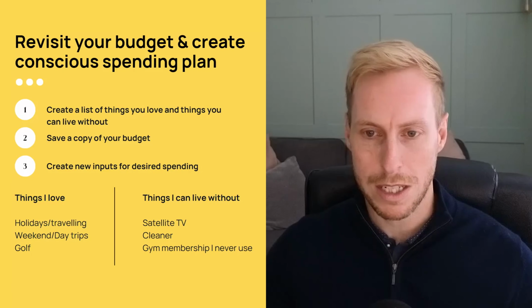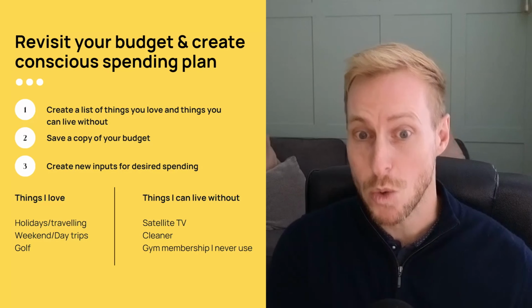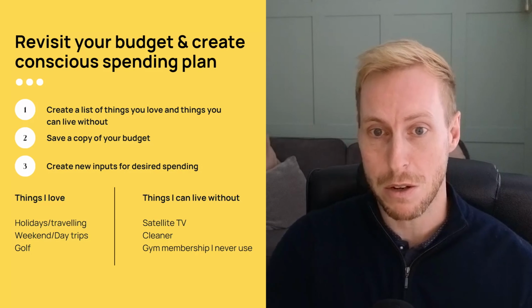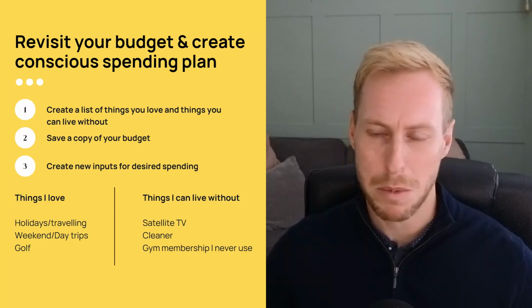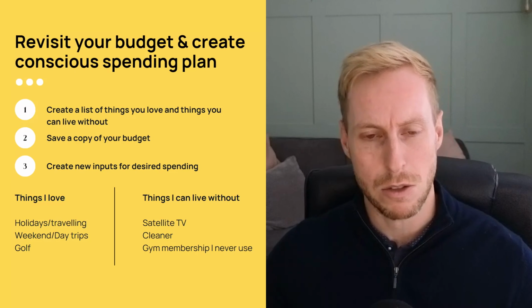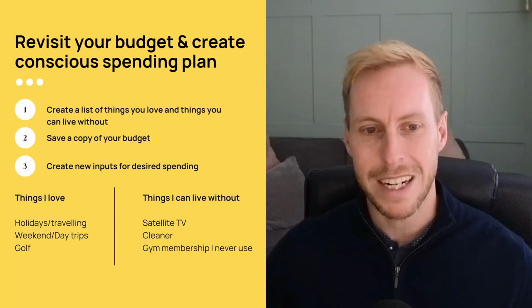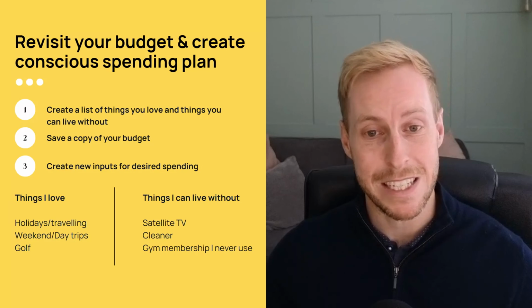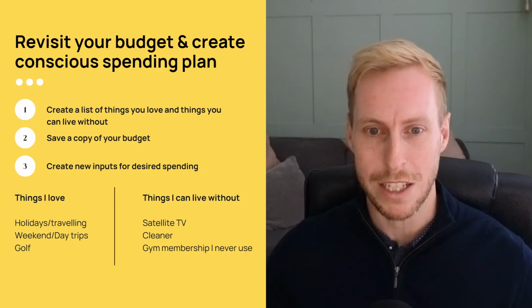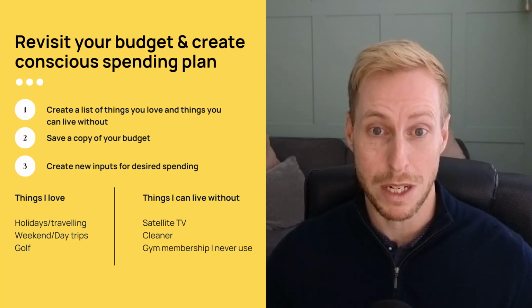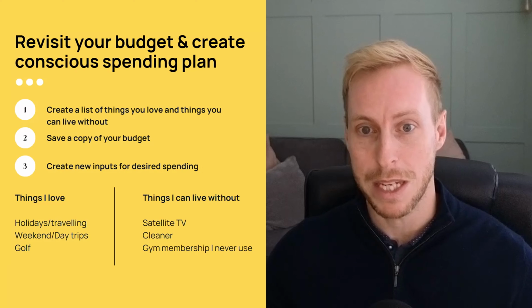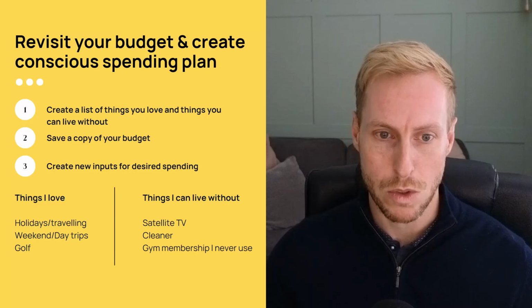So again, I could identify that I don't want to give up going out for a meal, but I'm quite happy to give up my gym membership. Maybe I'll buy some equipment at home. I go running, I'll go cycling, whatever it might be. I can live without that membership. And it's an easy way of me making a small change that doesn't have a big impact on my lifestyle, but does allow me to tackle my other financial goals.